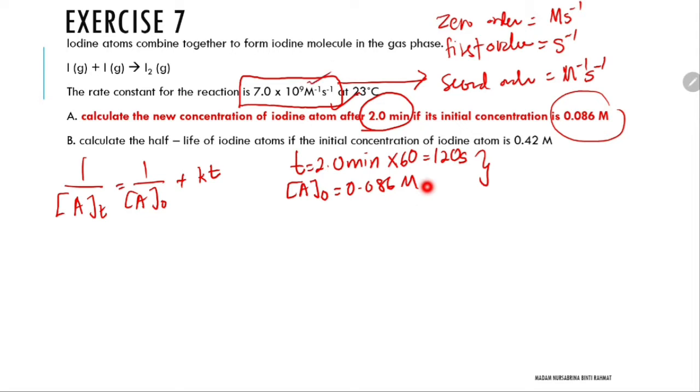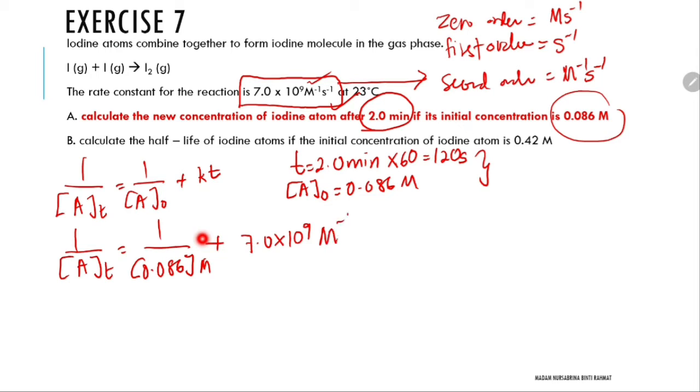Now we can solve the question by substituting the values into our equation. 1 over [A]t equals 1 over 0.086 molar, plus 7.0 times 10 to the power of 9 per molar per second, multiplied by the time in seconds, 120 seconds.